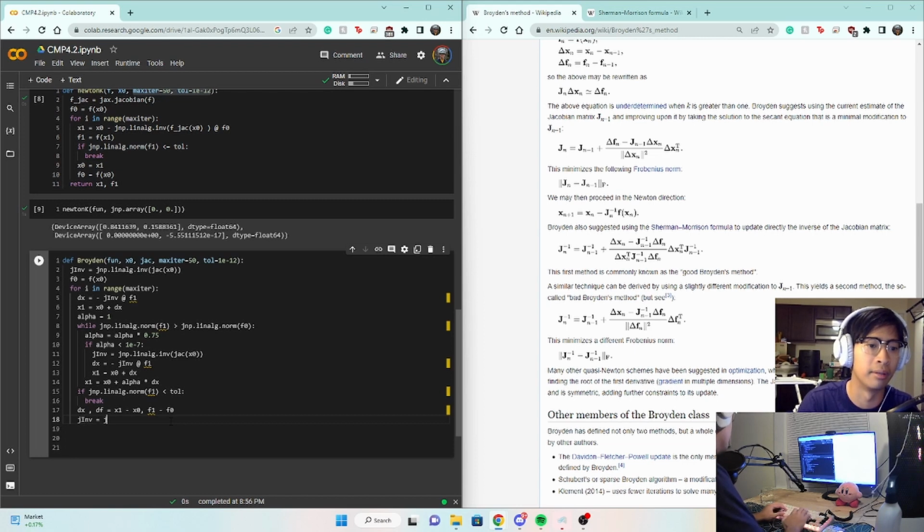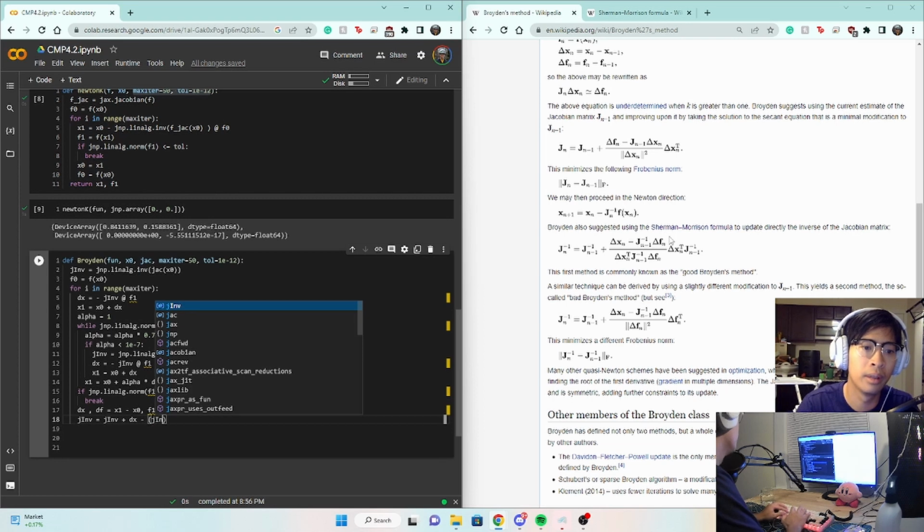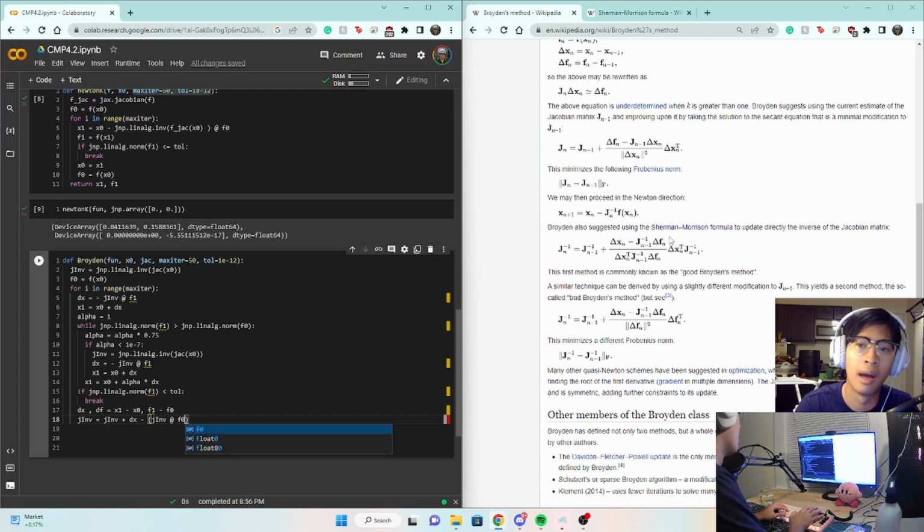So J inverse equals J inverse plus dx minus J inverse matrix multiplied by df.